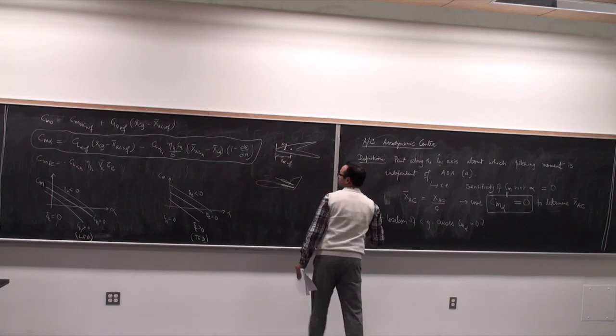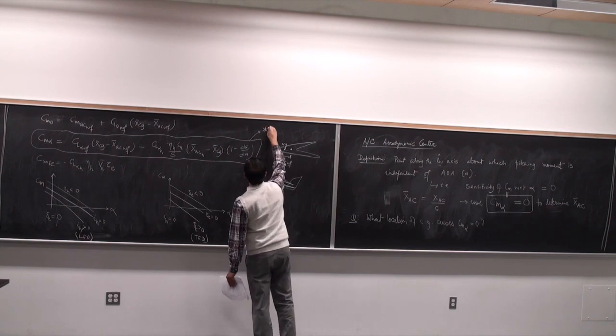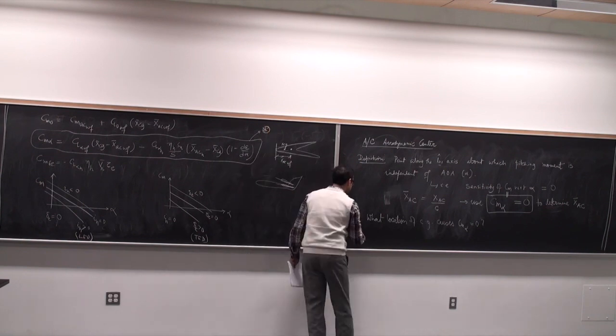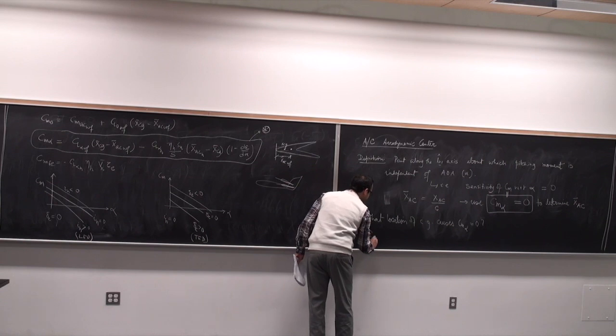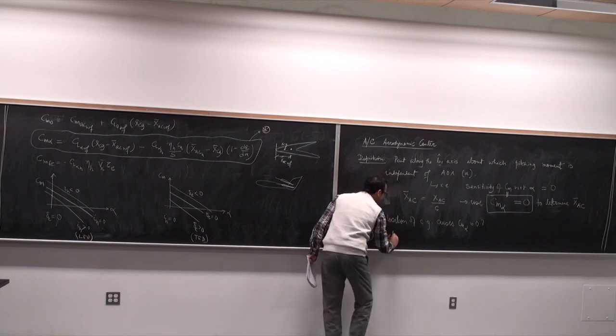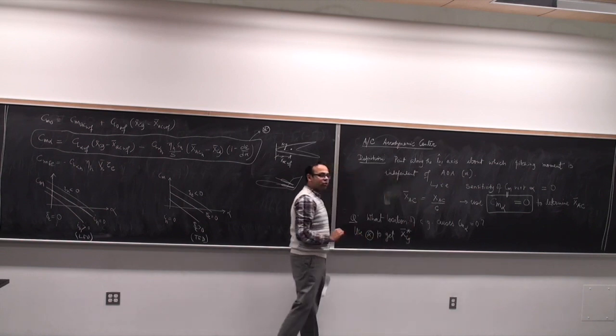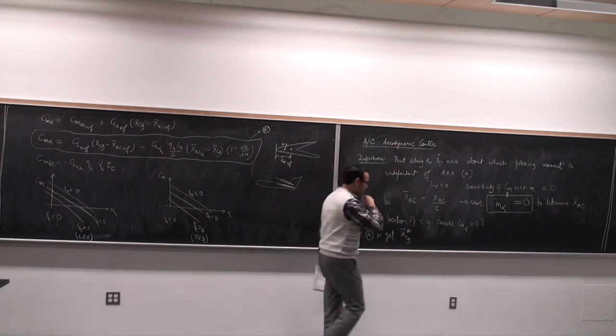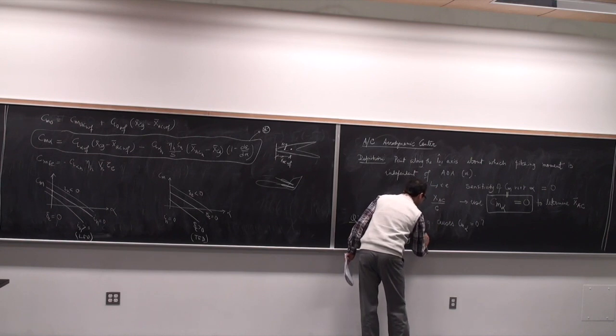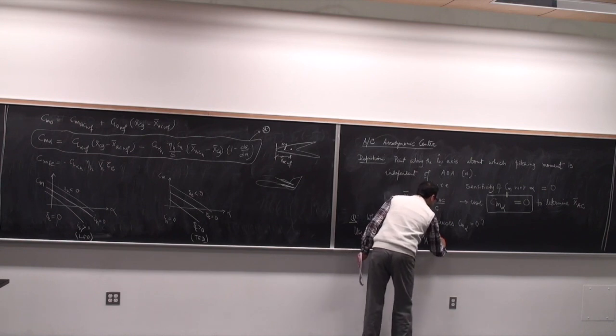Okay. So call this star, to get x bar CG star, that special CG location about which Cm alpha is 0, which is equal to x bar AC.